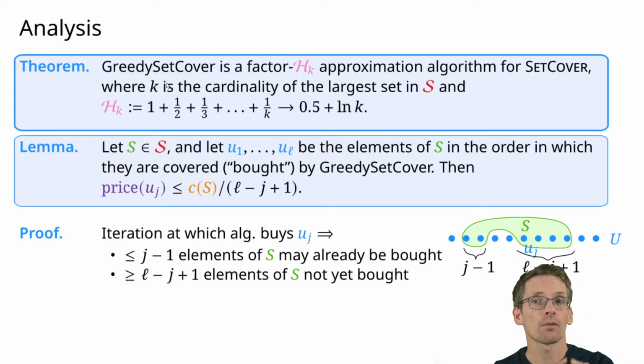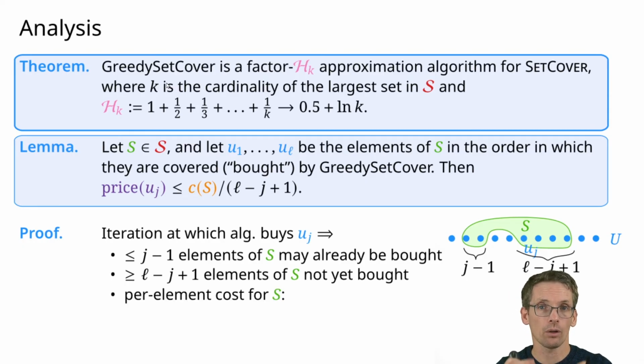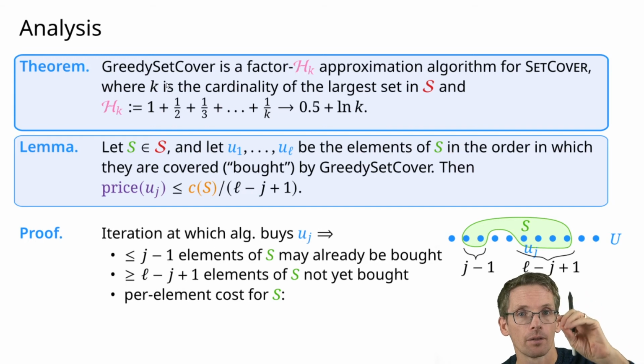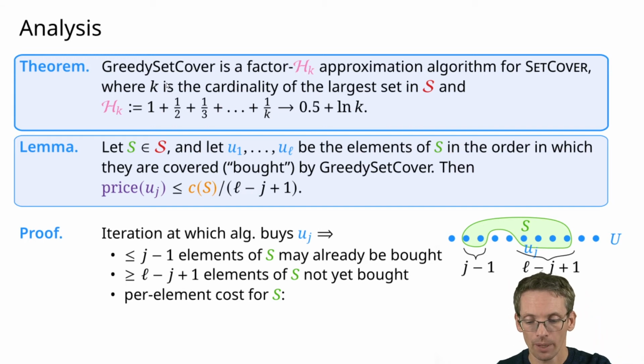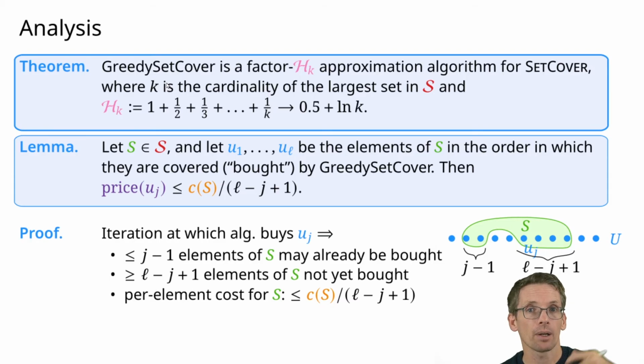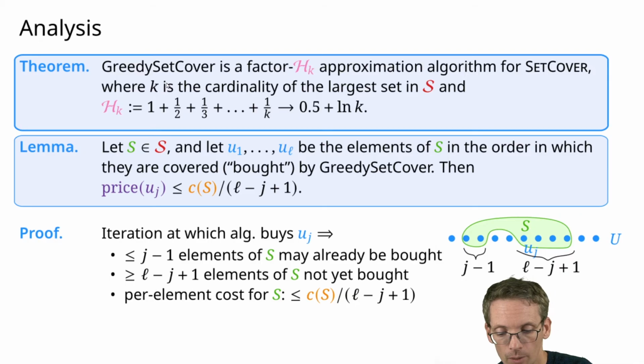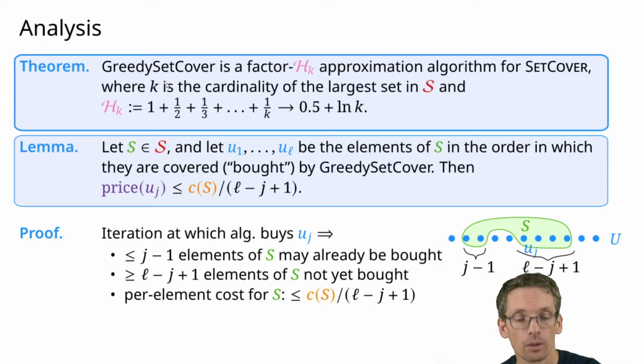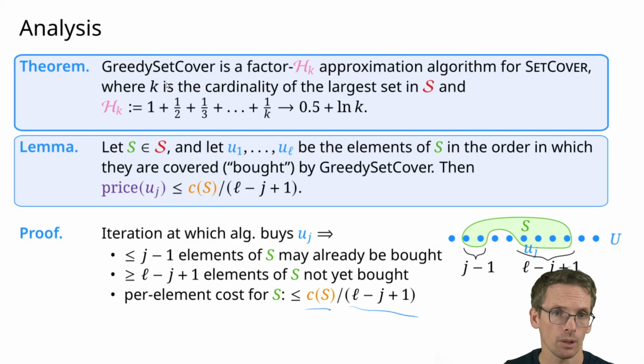This means for the per element cost of S in this iteration, the per element cost would have been cost of S divided by the number of remaining elements, and since this is at least L minus j plus 1, the per element cost is at most cost of S divided by L minus j plus 1.